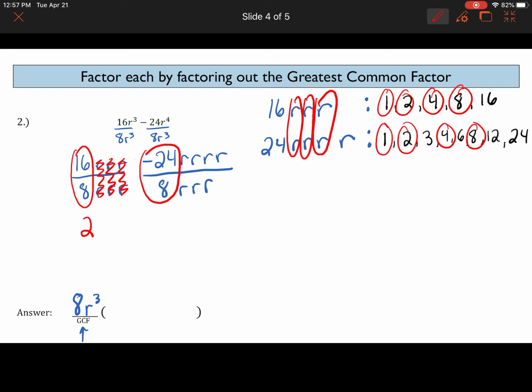Negative 24 divided by 8 gives me negative 3, and I cancel my pairs of r's, and I have 1 r left, so that goes there. So that's what's going to go inside my parentheses, 2 minus 3r.